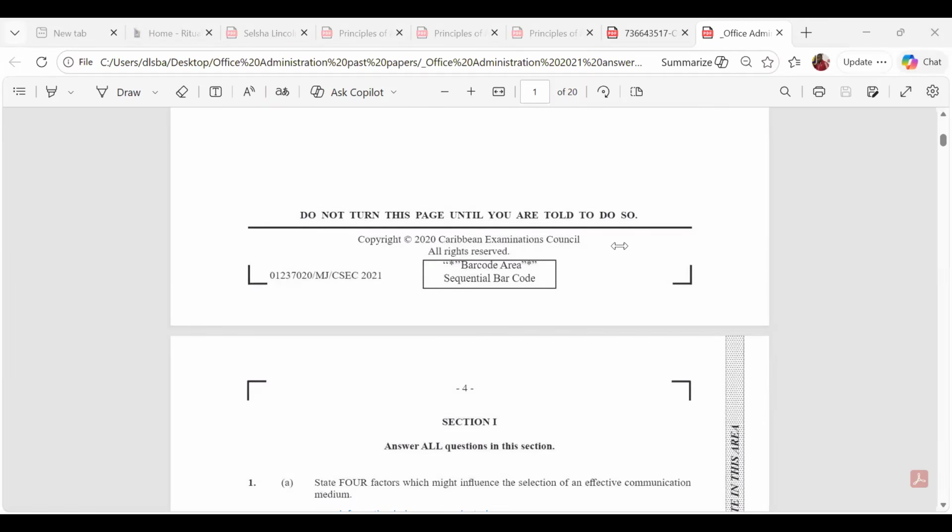Let me choose somebody. Rahima, can you give me one factor to consider when choosing how to communicate? Urgency. All right, Joanne just said urgency, that's one.